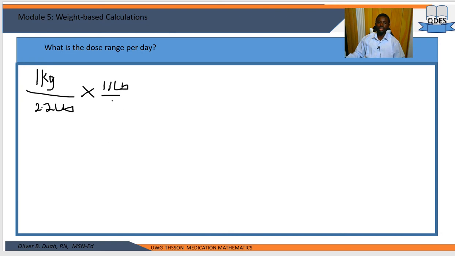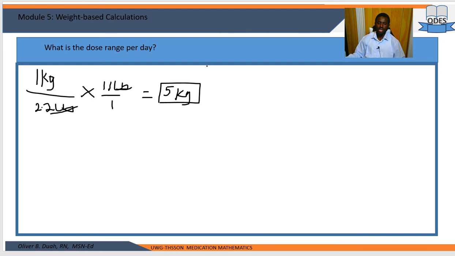So this will be 11 over 1. Pounds will cancel pounds, and now we have 11 divided by 2.2, which is 5 kilograms. So this is the weight for our patient.